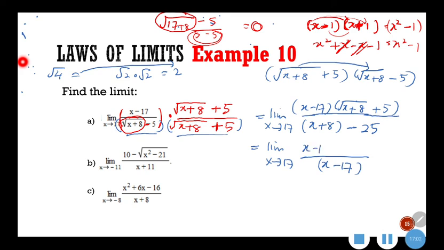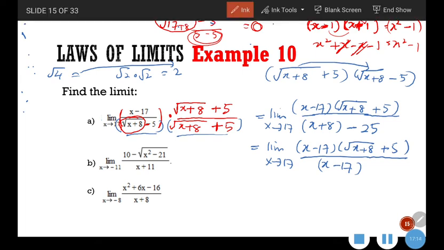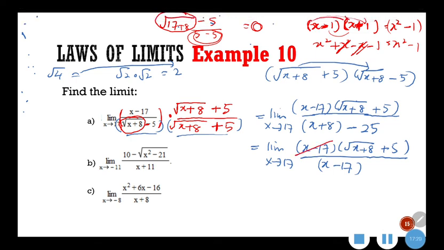Nampak tak now? Up here we have x minus 17, and lower also we have x minus 17. Both top and bottom have it, so we can cancel. Now we no longer have a term that will make the denominator equal to 0.